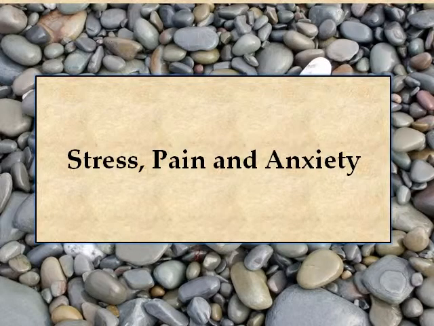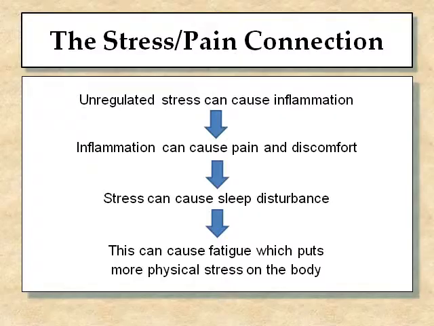So in this next section, I will be talking about, for a couple of slides, a little bit more about stress and the stress-pain connection, and I'll be reviewing anxiety and the difference between stress and anxiety, because that's important to know. So in review, for the stress-pain connection, unregulated stress can cause inflammation.